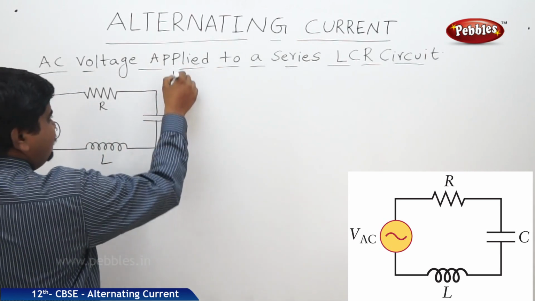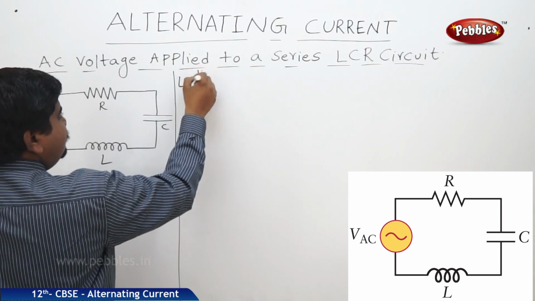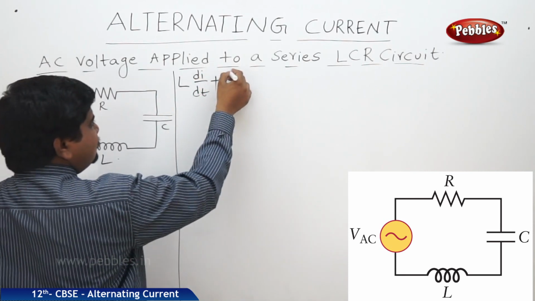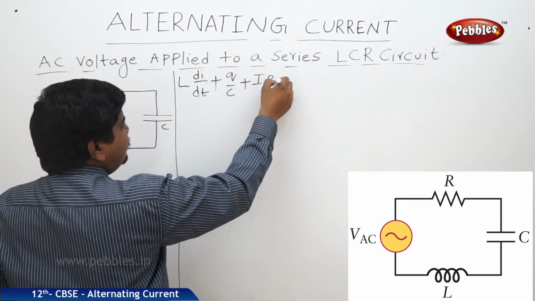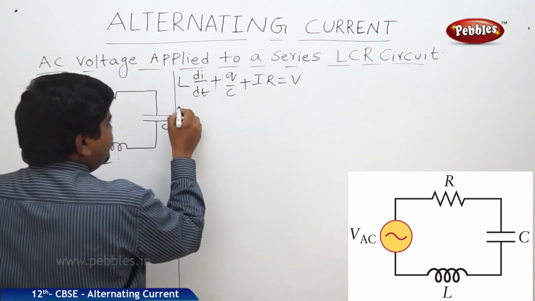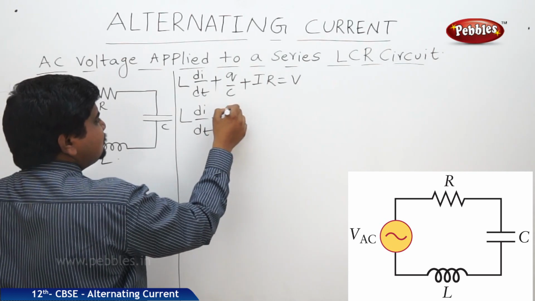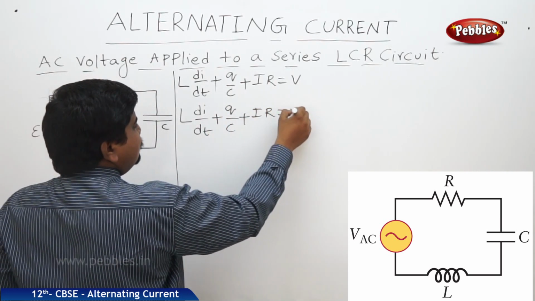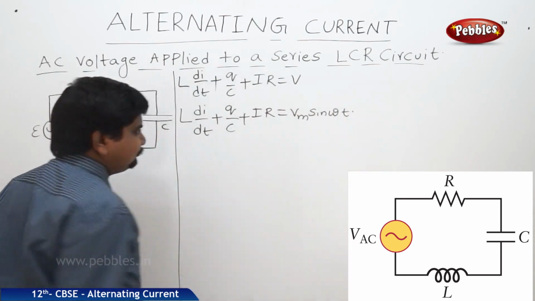Therefore, we can write: L di by dt plus Q by C plus IR is equal to Vm sin omega t.